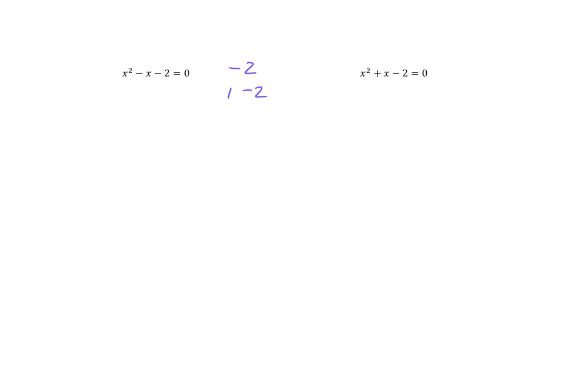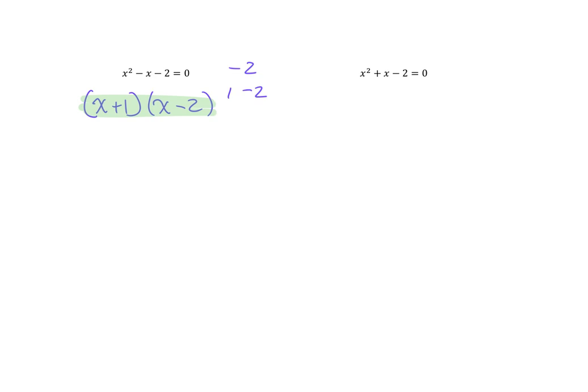So 1 times -2 is -2. 1 plus -2 is -1. So I know that those are the two factors, and this immediately goes into x plus 1, x minus 2. And that's all that needs to be done, and that's quick, easy factoring.